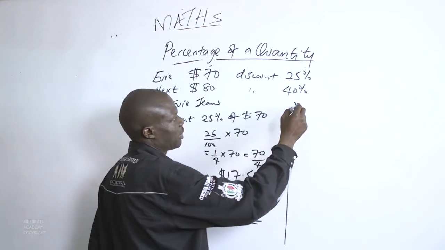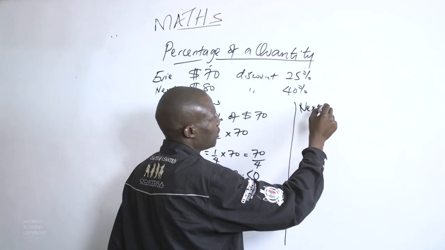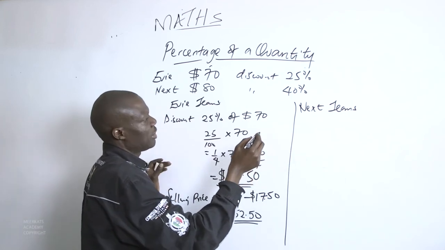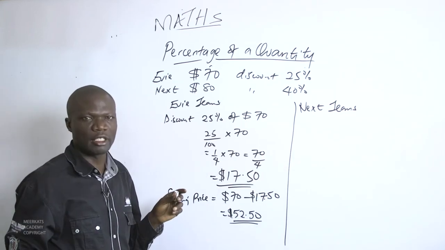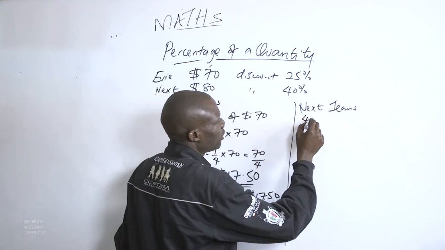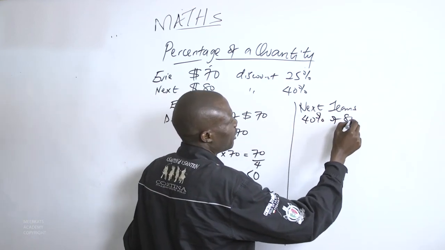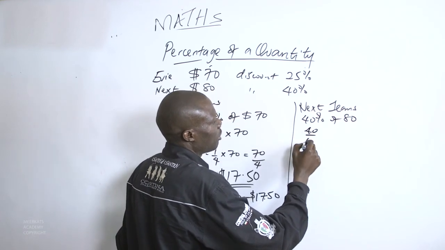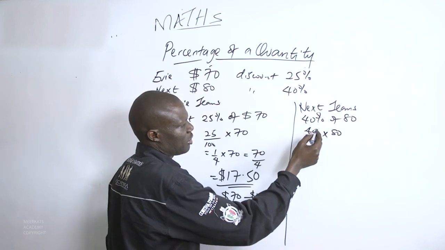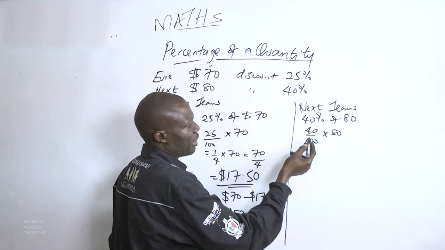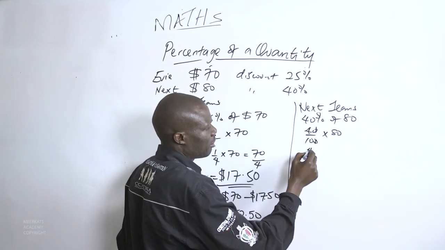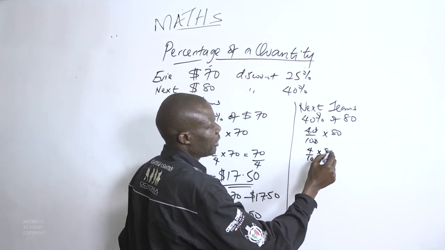Let us look at Next jeans. For Next jeans, it retails at $80, but with a discount of 40%. So we have to get 40% of $80, which is 40 over 100 multiplied by 80. When you simplify, you'll find this one is the same as 4 over 10 multiplied by 80.